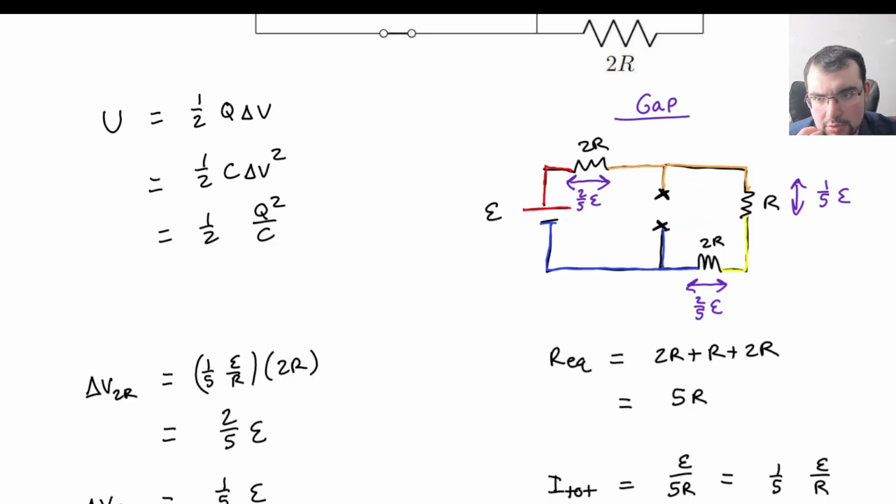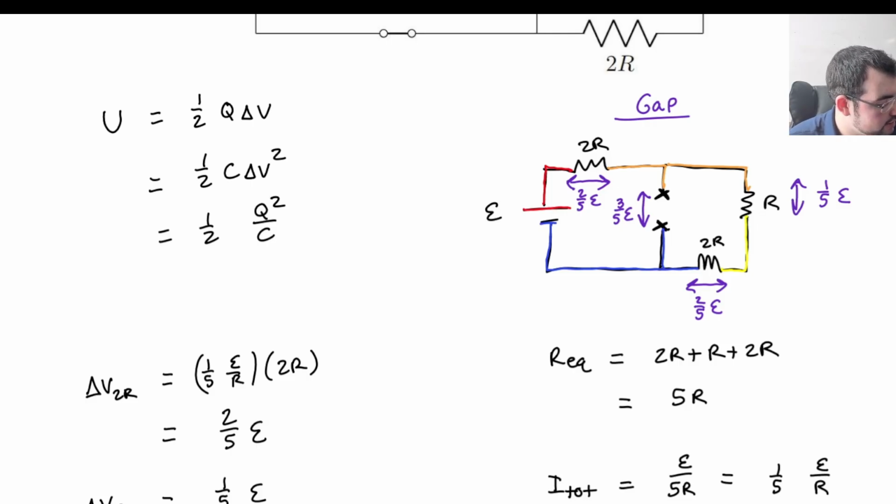And notice there's two ways of getting it. First, it's easy to see by the loop rule that if I dropped 2/5 of the battery across the first resistor, I have to drop the remaining 3/5 across this one because it makes a closed loop. I can go from the battery to the 2R to the capacitor and back. So this closed loop right here has to work out, so it's 3/5.